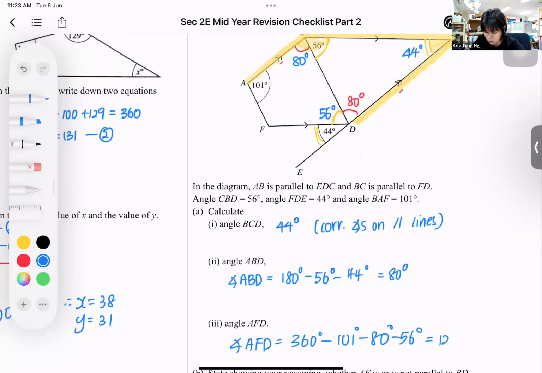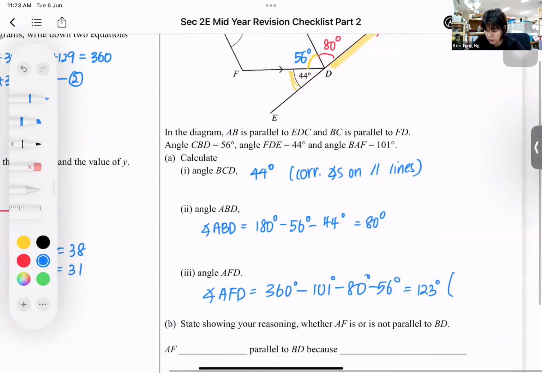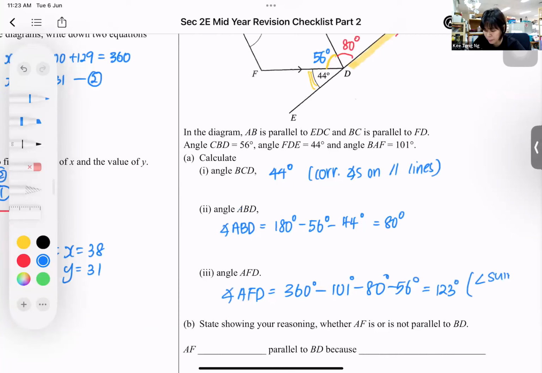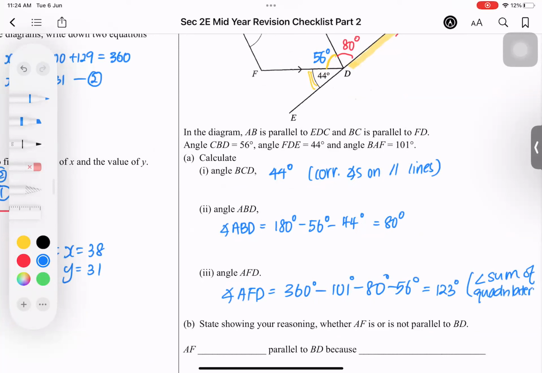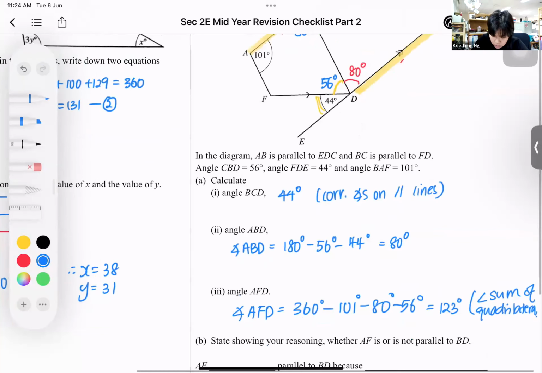And this is 123. What is the reason I need to write? Angle sum of quadrilateral. Yes. Angle sum of quadrilateral. Okay. Then now this angle is 123 degrees.